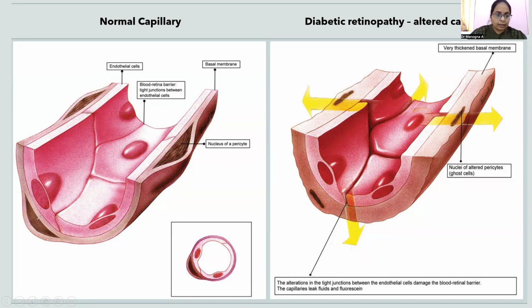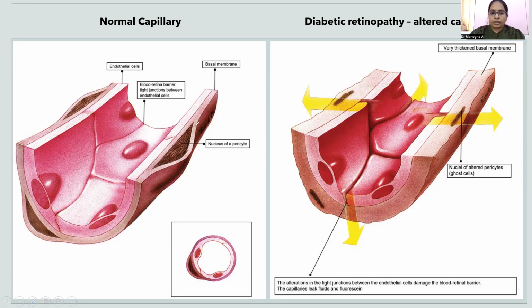Whatever I'm highlighting here, this is a pericyte. Pericytes are the cells in the capillary walls of retinal capillaries. This is a normal endothelial cell, forming the normal blood retinal barrier. You know that the inner blood retinal barrier is formed by endothelial cells of capillaries. This is the basement membrane of the capillary and this is a pericyte cell.